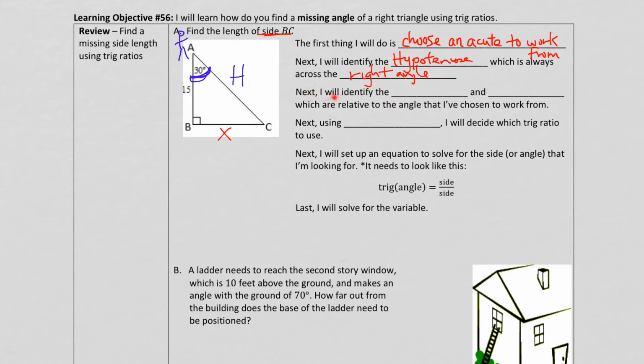Next, I will identify the opposite side and the adjacent side, which are relative to the angle that I've chosen to work from.